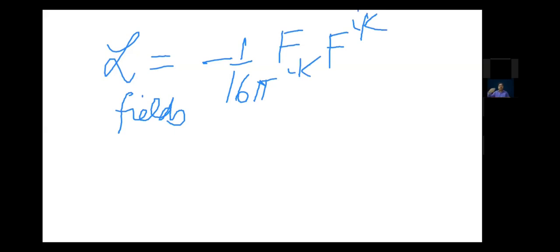So here you have constructed a Lorentz scalar, and this minus 1 upon 16π is a factor to make it compatible finally with the experiments, and also dimensionally correct. And then apart from it, you have another term, because the fields, as I told you yesterday also, interact with the charged particles, which are sources.